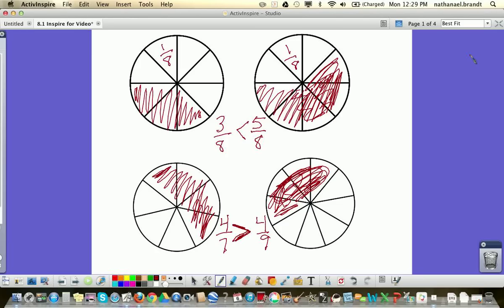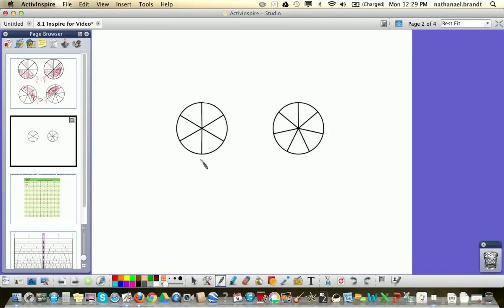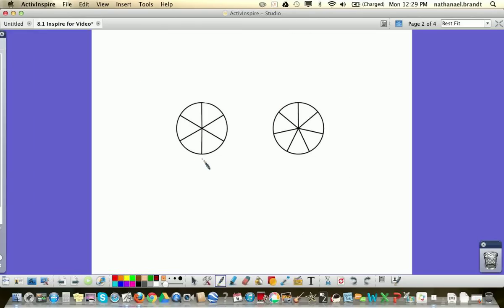Moving on to problem 3. In this problem, neither the numerators nor the denominators are the same. When we're dealing with those kinds of problems, we're going to think about our landmark fractions, which are 0, 1/2, and 1.